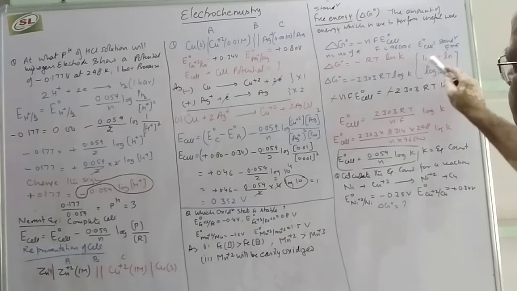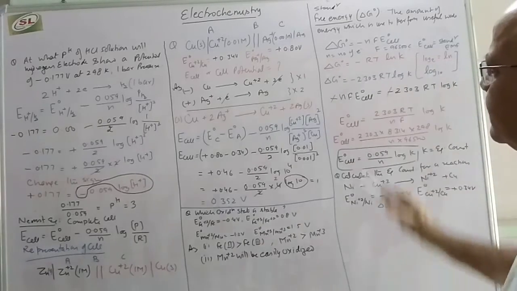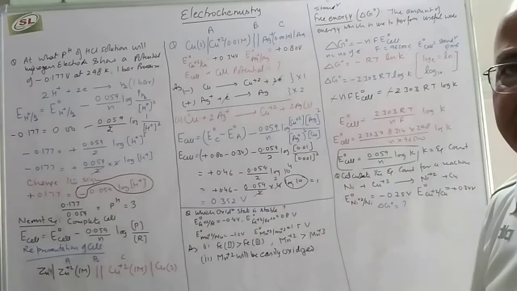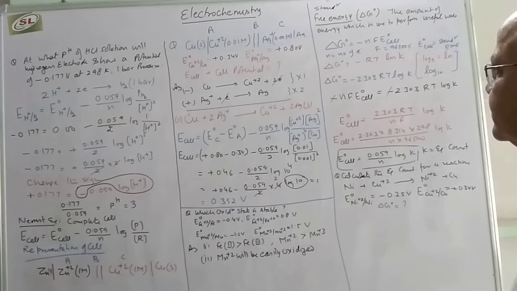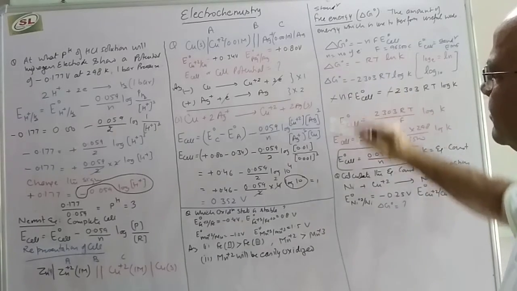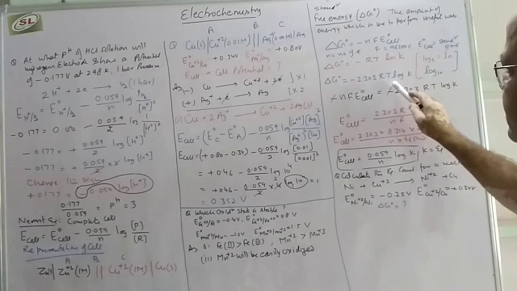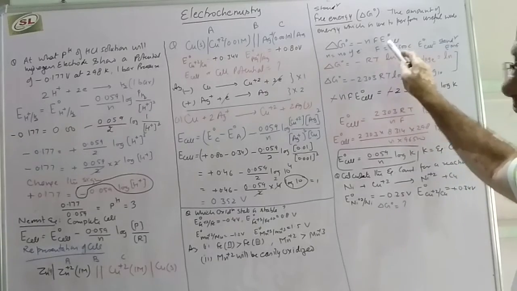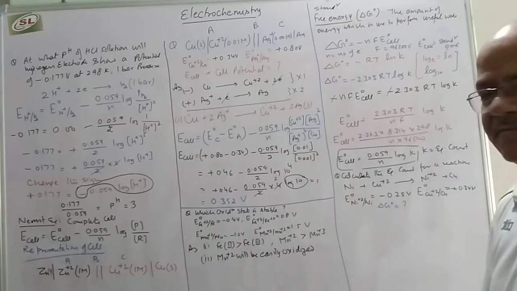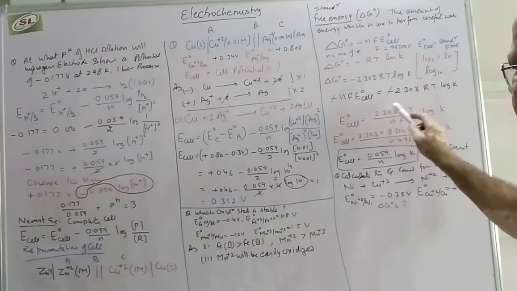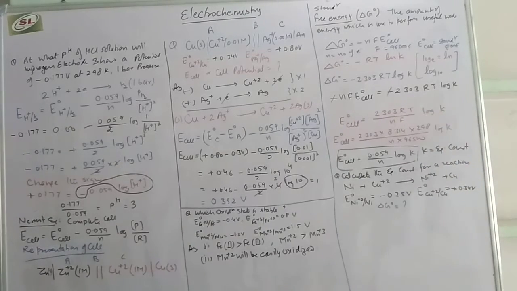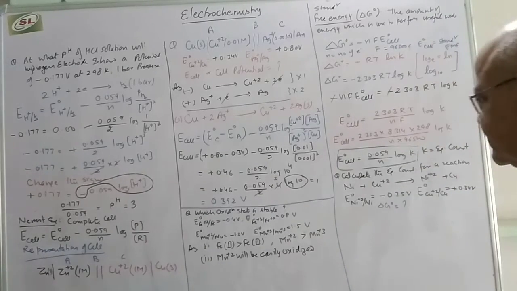We will convert the log to the base e into log to the base 10 by multiplying it by 2.303. We will equate them: minus 2.303 RT log K and minus nF E naught cell. So we will get the equation like this. On putting the values of R, T and F, 0.059 upon n will come.